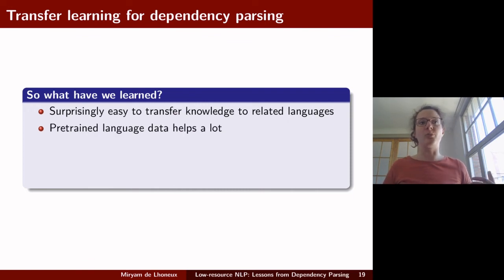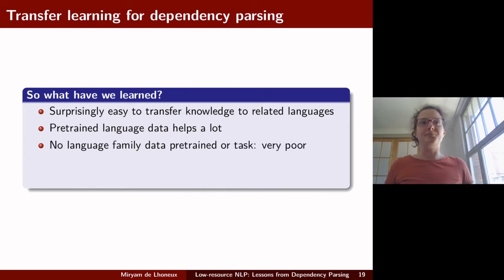We found that using pre-trained language data helps a lot. So if you have seen the language in mBERT, you can have a parser that performs quite well. But if you have not seen the language family or genus data, either at pre-training time or for the task, then the performance of such parsers for these languages is really poor.